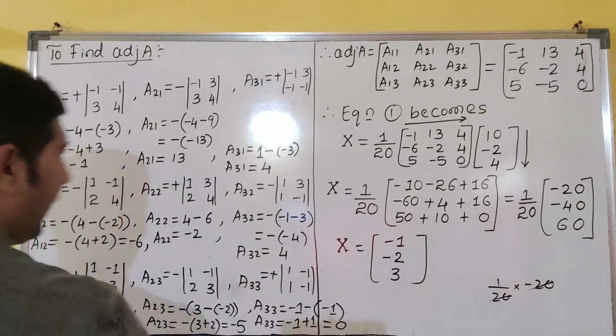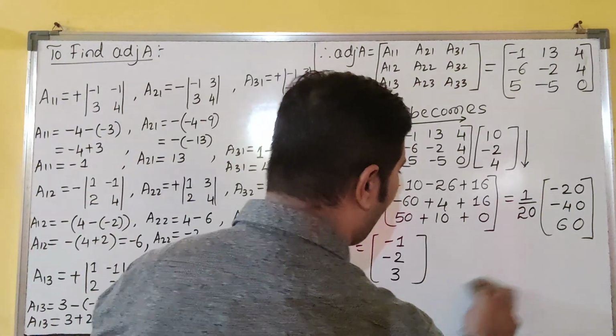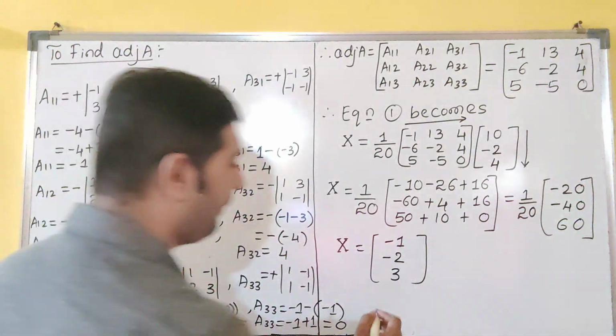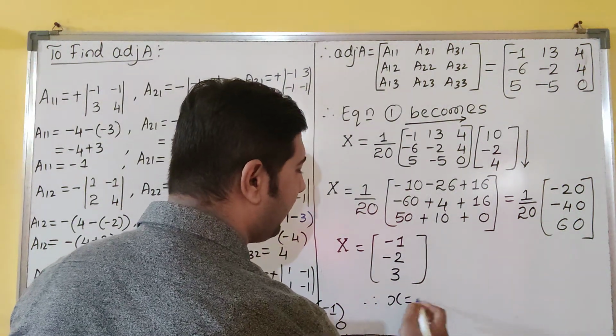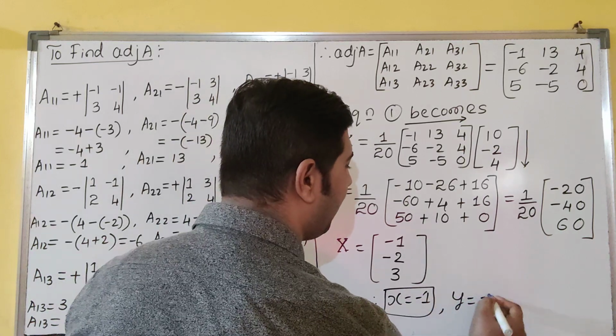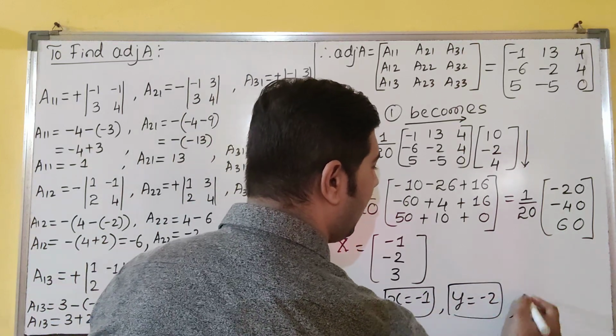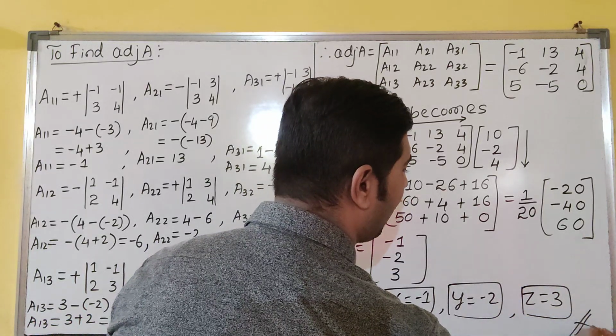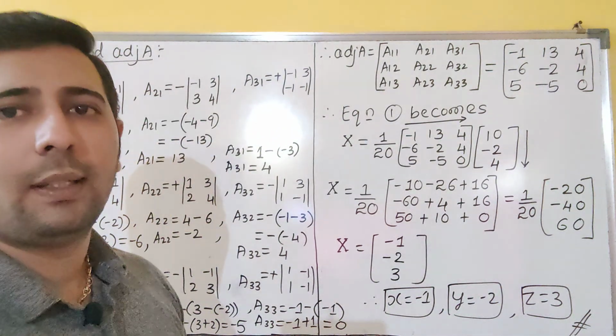So therefore you compare with your x. X was what? Small x, y, z, no? So your x value is how much? Therefore x value is minus 1, y value is minus 2 and z value is equal to 3. And this is our required answer, my dear students.